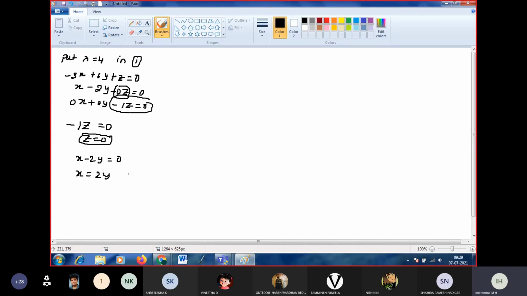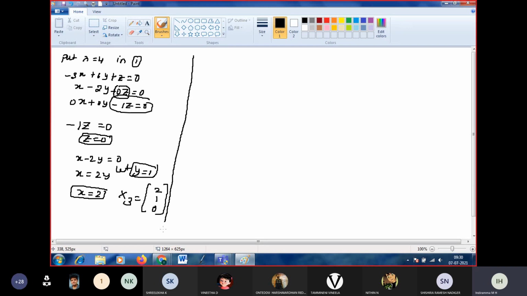So we choose y equal to 1. If y is 1, x is equal to 2. Then z equal to 0. Therefore x3 is x is 2, y is 1, z is 0. This is what we got.